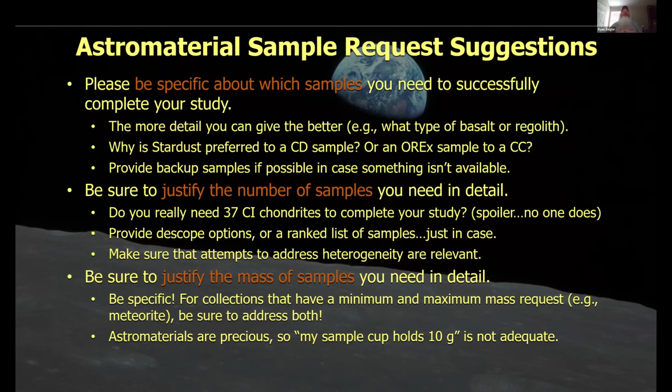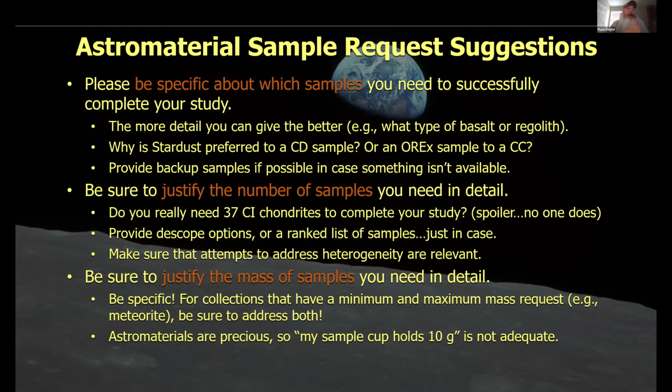It's more than just understanding the type of sample you need within a collection. Sometimes it's about demonstrating which collection the sample should come from. I heard Gemma talk about pre-solar grains, and you can get those from Stardust, you can get those from cosmic dust, you can get those from meteorites.